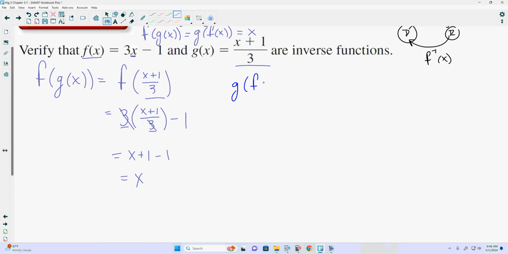G of f of x. Well, f of x is 3x minus 1. Now we're going to plug that into g of x, which would be 3x minus 1 plus 1 over 3. I'm going to write it without the parentheses.